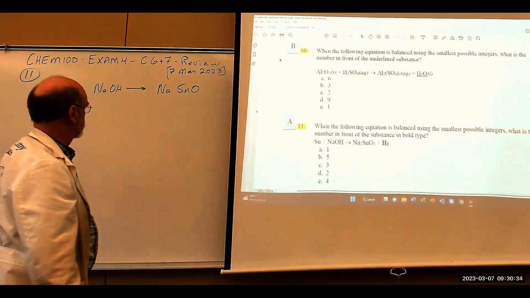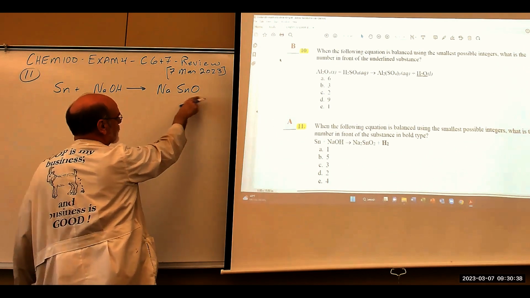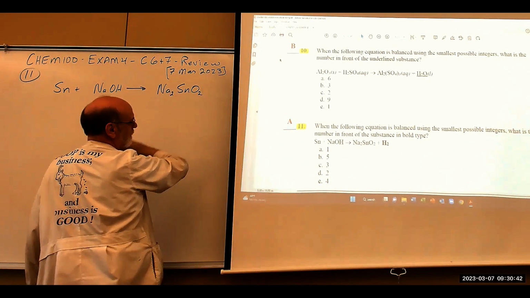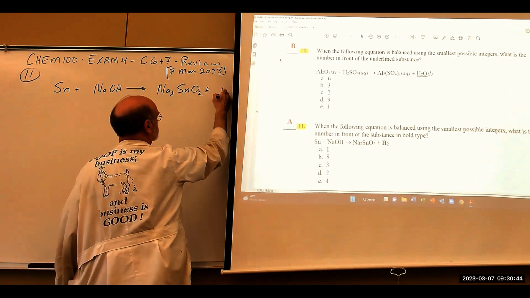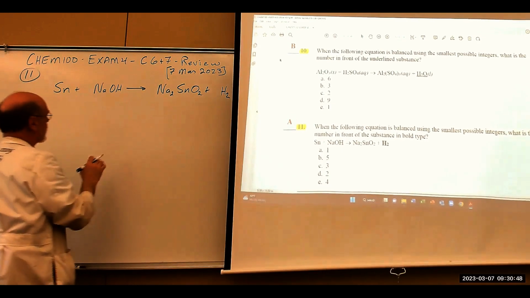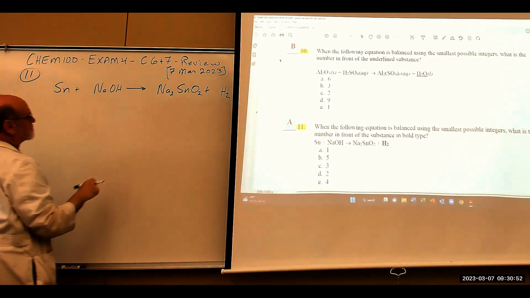That would be sodium stannate. This is a polyatomic ion here. Okay, plus hydrogen. Okay, all right. So we're going to hold the tin out and the hydrogen out.